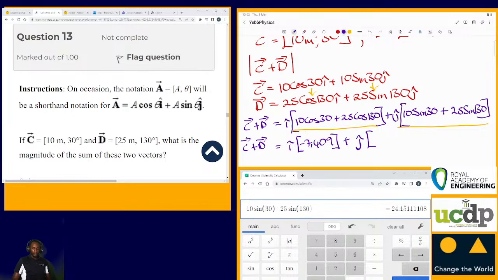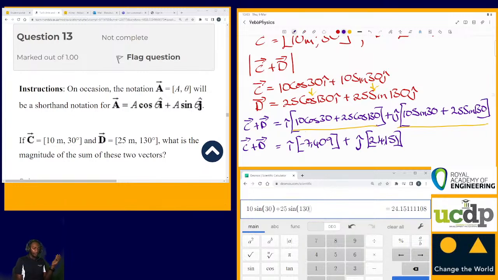We get 24. If you punch that, you'll get 24. I hope you are also punching in to confirm if we are getting similar answers. So I'll give it as 24.151. So this is the sum of vector C and vector D.